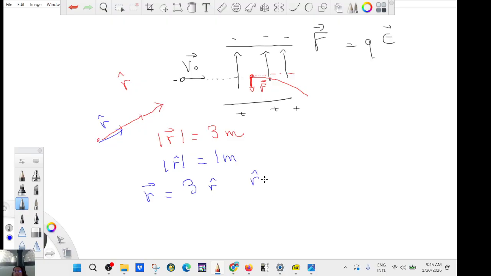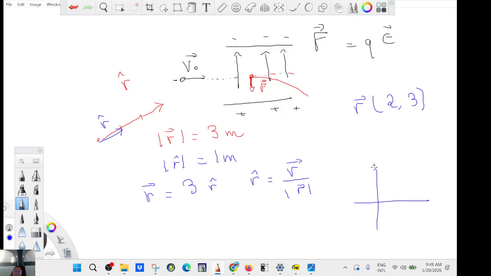We can say the unit vector is just the vector r divided by its magnitude. Do you agree? So, for example, if you have a vector, I don't know, I'm just making things up, 2, 3.